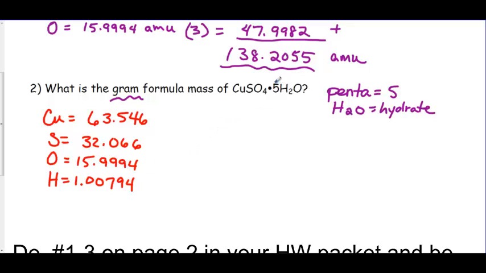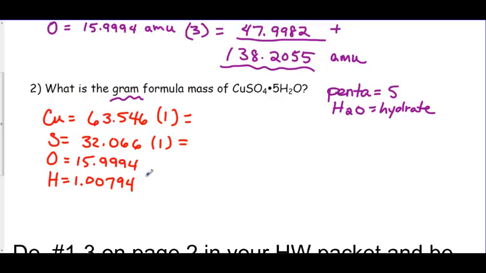Now we go back and say how many of these do we have. We have a coefficient here, which means that this whole formula is multiplied by 5, or you can multiply the 5 by the subscripts in that part. So we have to consider every single atom in this formula. Copper, there's only 1, so we'll multiply that by 1. Sulfur, we have 1, so we will multiply that by 1.